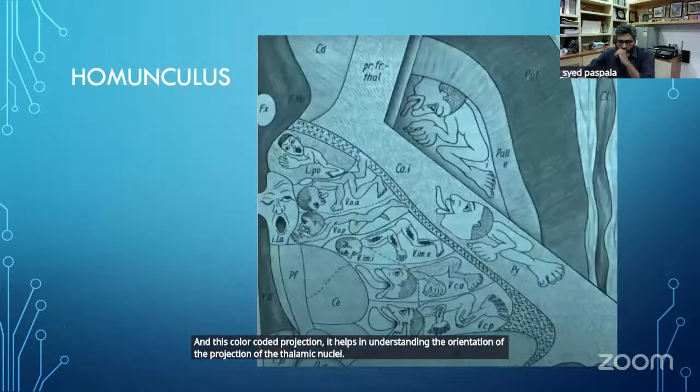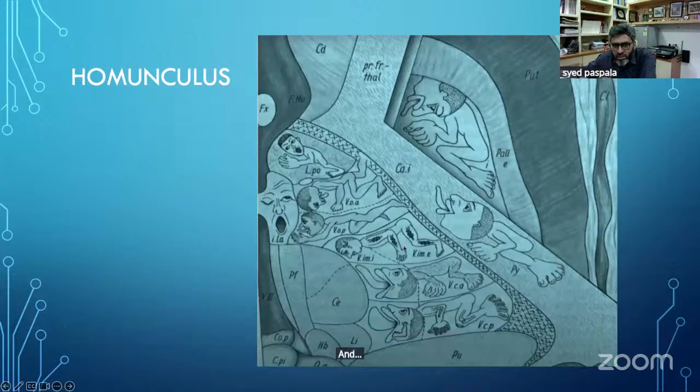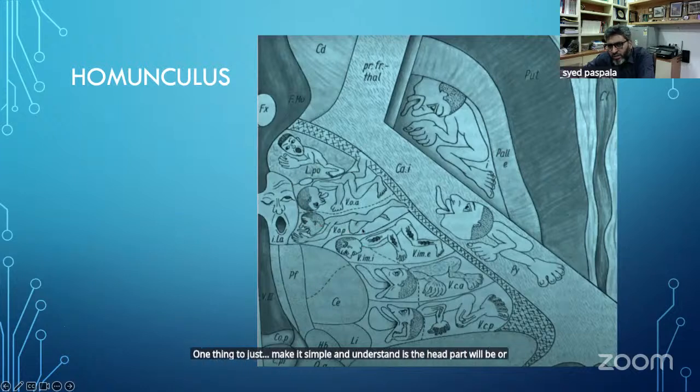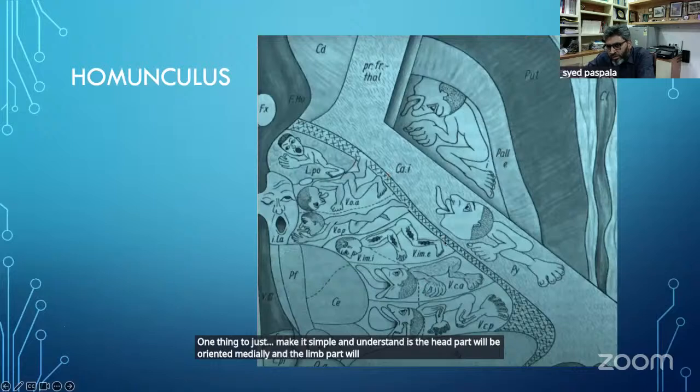And the homunculus in the thalamus is very complex. One thing to make it simple: the head part will be oriented medially, and the limb part will be oriented laterally here. It is complex and difficult to understand also.